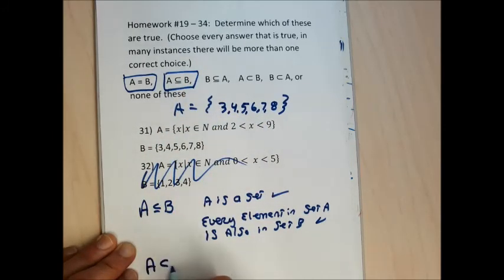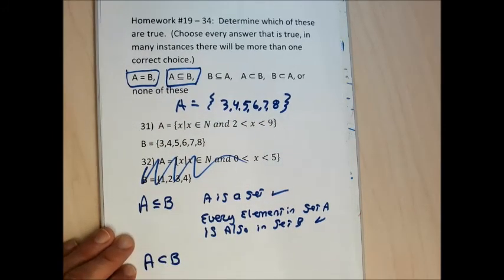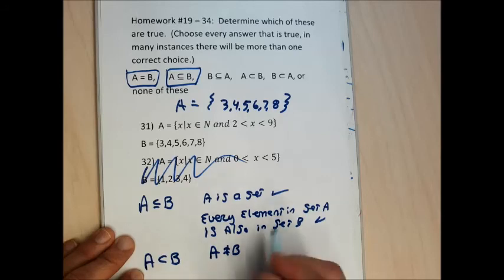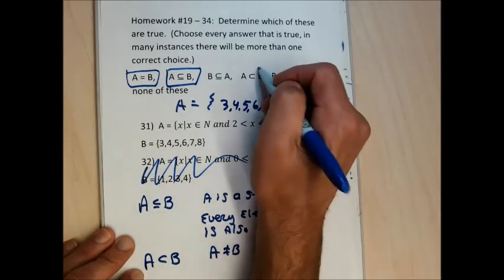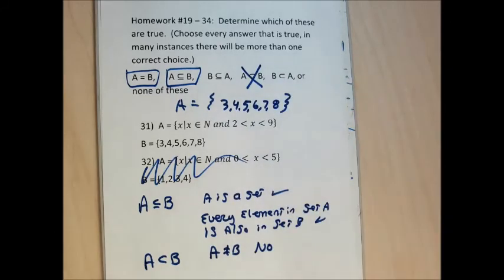To be a proper subset, for A to be a proper subset of B, A can't be equal to B. And because A is equal to B, it violates the third rule of being a proper subset, so I'm going to cross that out for my answer.